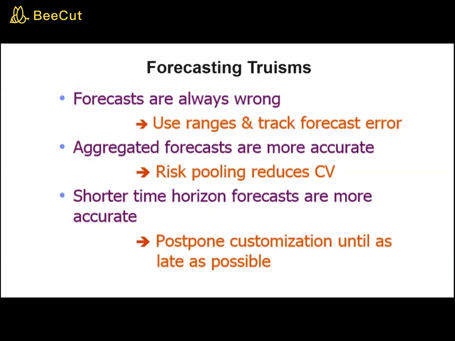This is interesting because, for example, with weather forecasts, nowadays there's a lot of technology on forecasting weather. However, it's not always accurate. There are still mistakes that happen. And so this is actually the truth about forecasting.